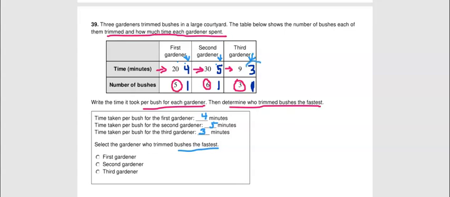So the one that went the fastest is the person who only took 3 minutes to trim a bush. So in that situation, the answer would be the third gardener. So that's what you have for that one.